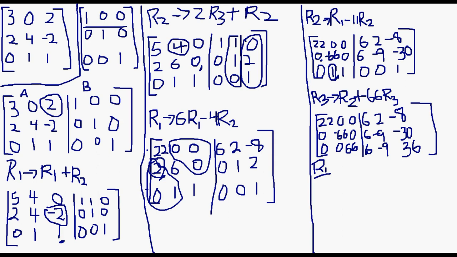So row 1 divided by 22. Row 2 divided by -66. Row 3 divided by 66.